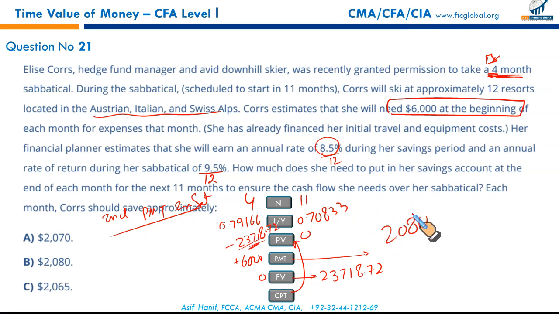Now it makes much sense. This is what she will be investing for the 11 months at this rate so as to achieve this much as the future amount. This future amount will represent a present amount for this annuity. This is the investment as a negative. At this interest rate, 0.7916 per month, will generate $6,000 of inflow at the start of each month she will spend in the sabbatical.